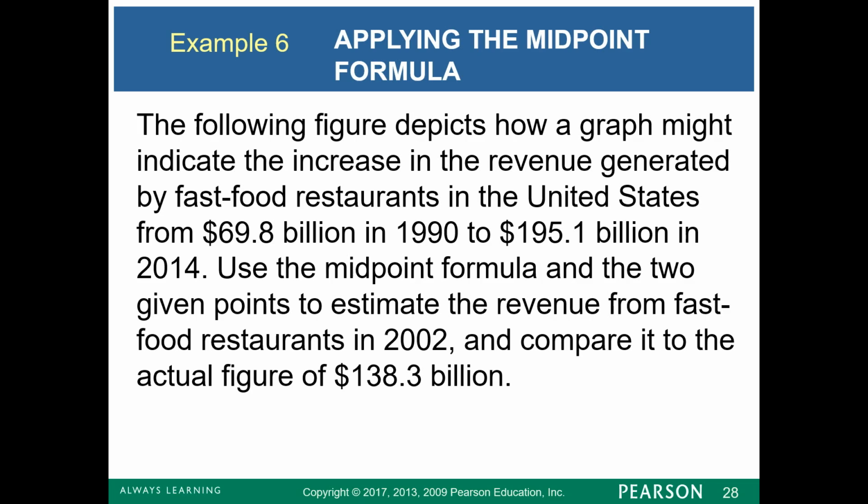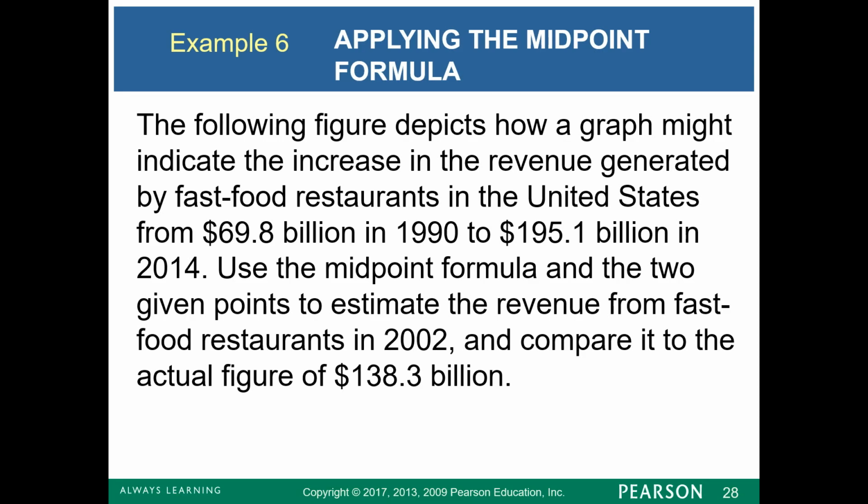Use the midpoint formula and the two given points to estimate the revenue from the fast food restaurants in 2002 and compare it to the actual figure of 138.3 billion.